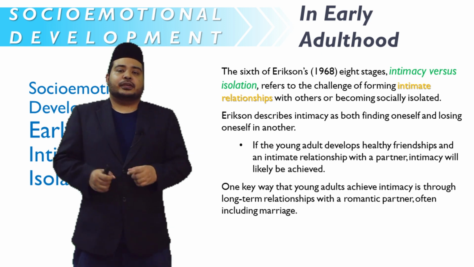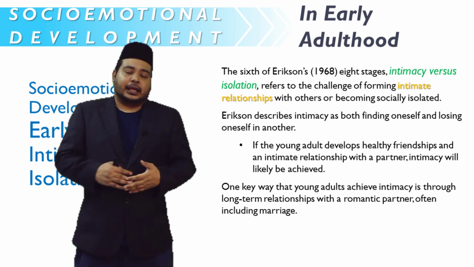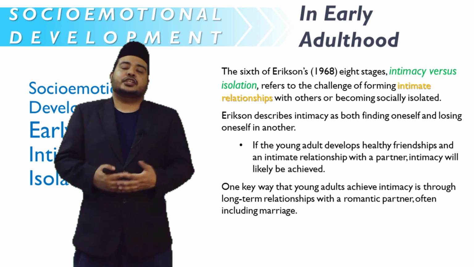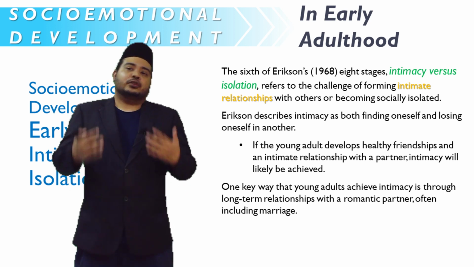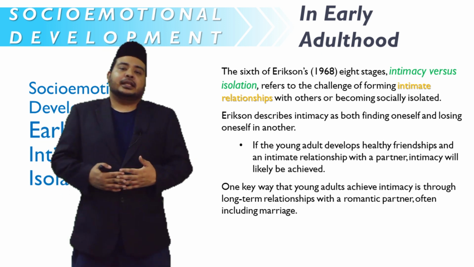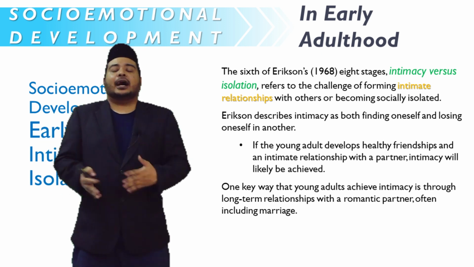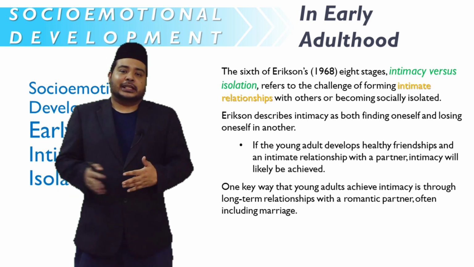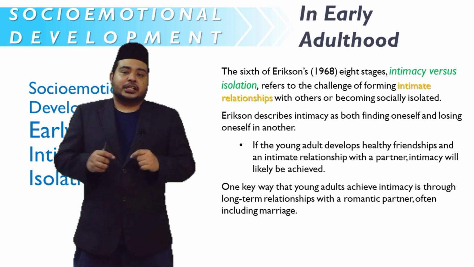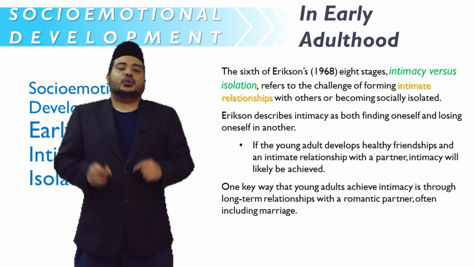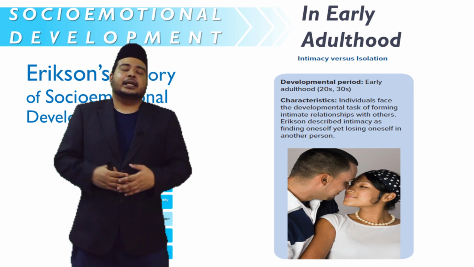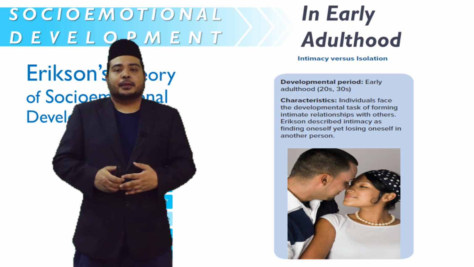On the other hand, if you fail to have healthy, positive friendships, and you have a toxic or negative family or marriage, then you will most probably end up socially isolated. One key way that young adults achieve intimacy is through a long-term relationship with a romantic partner, usually translated as a marriage.